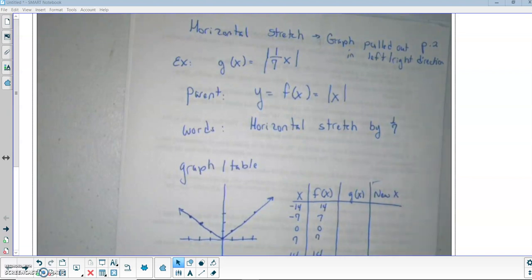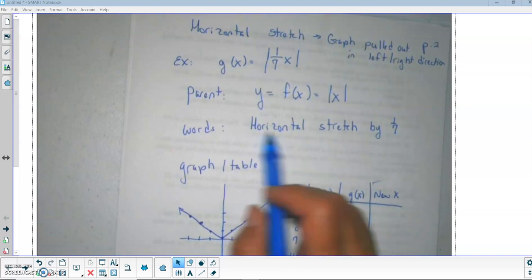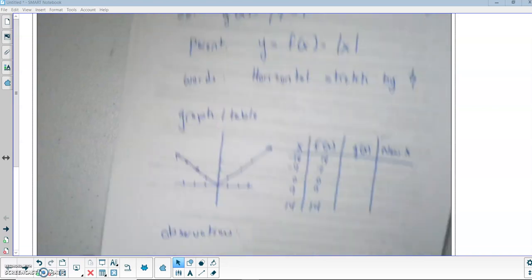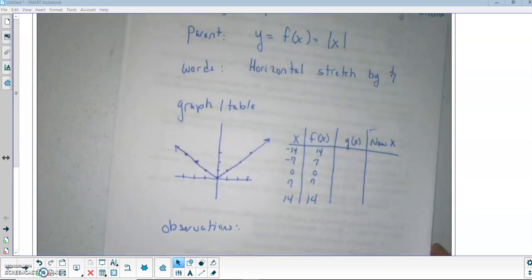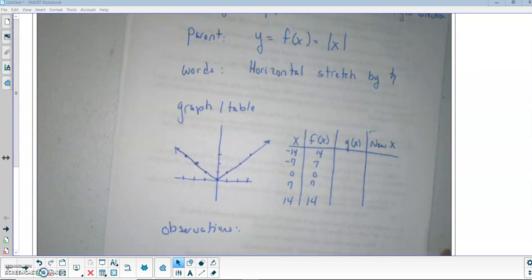Sometimes people describe it in terms of a compression. If you get this part right here, I'm a happy camper. So what's going to happen? Well, instead of using my input values of -14, -7, 0, 7, and 14, I've got to think about what new values I would have.